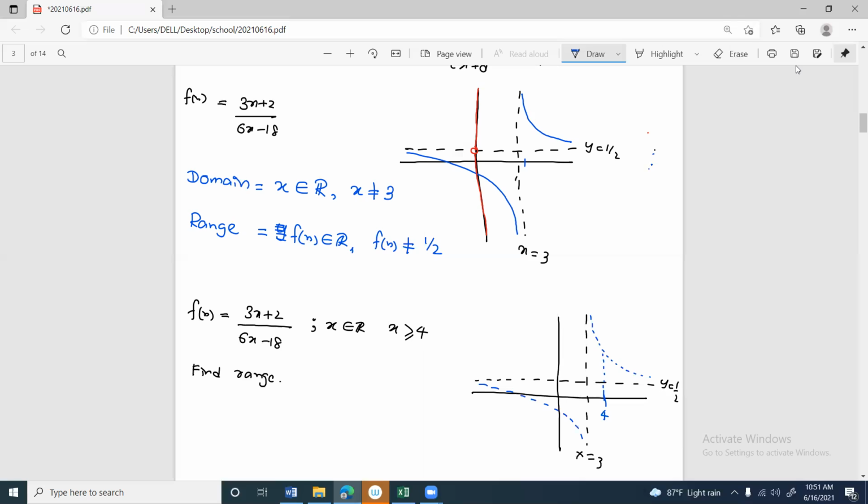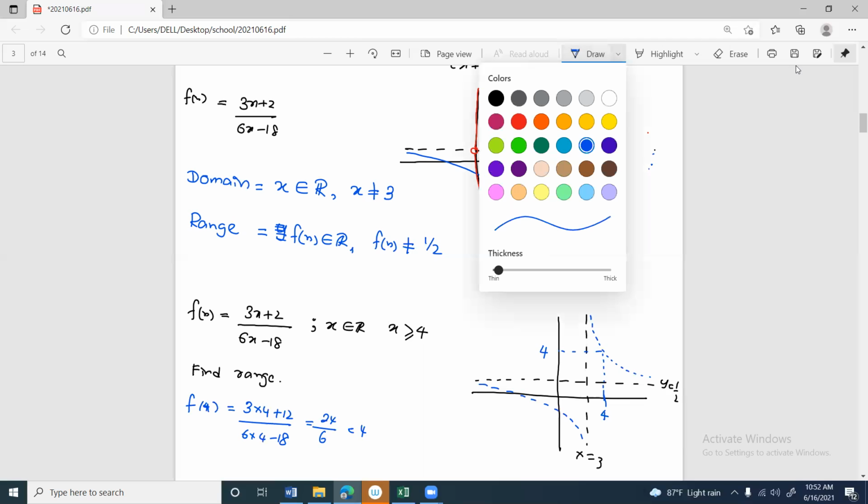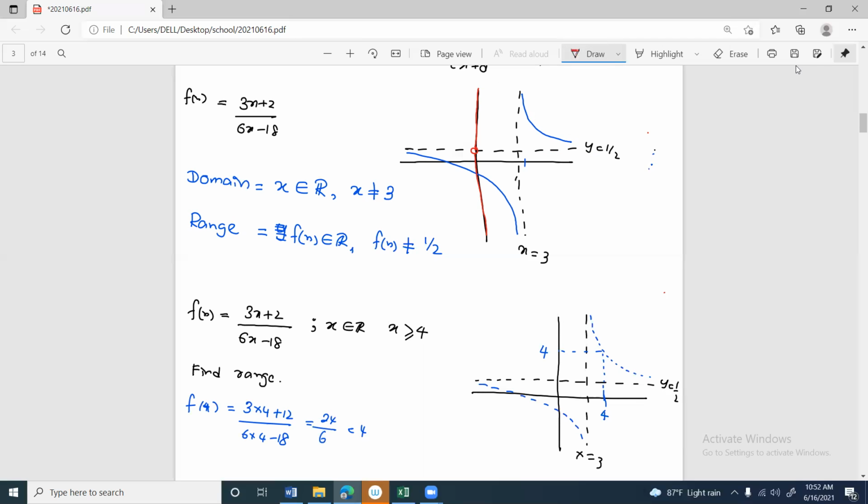If I just put the value 4 into this graph, you can say f(4) is like this. It's 3 times 4 plus 12 divided by 6 times 4 minus 18. 12 plus 12 is 24, divided by 24 minus 18 is 6. It's 4. So you can see the graph is for x from 4 up. The x values exist starting from 4 and above only.